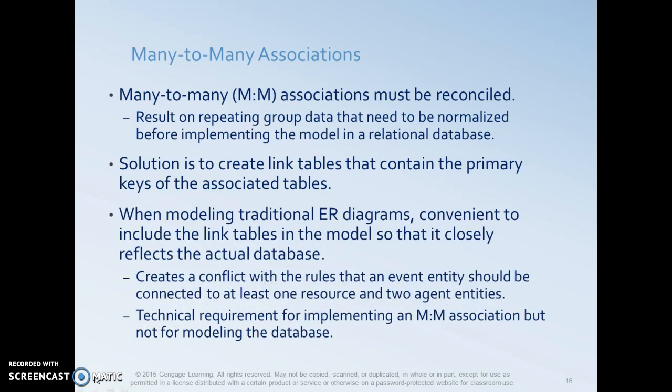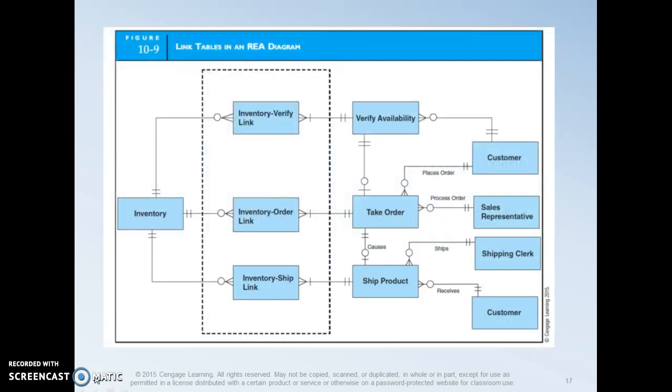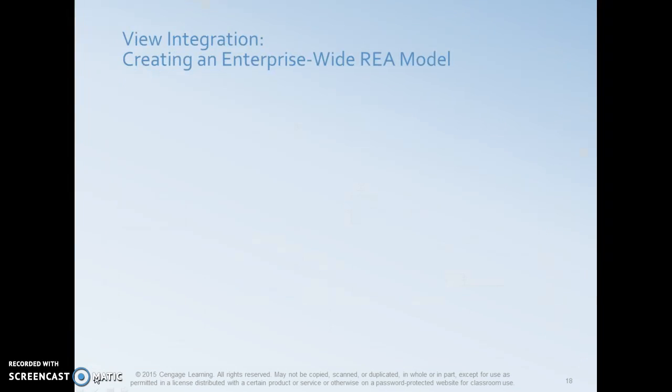So the solution is to create a linked table that contains the primary keys of the associated tables. When modeling traditional ER diagrams, it is convenient to include the linked tables in the model so that it closely reflects the actual database. So here it is, linked tables in an REA diagram.